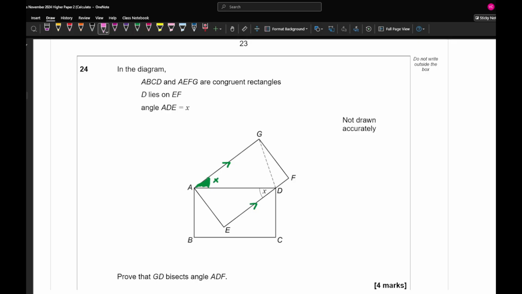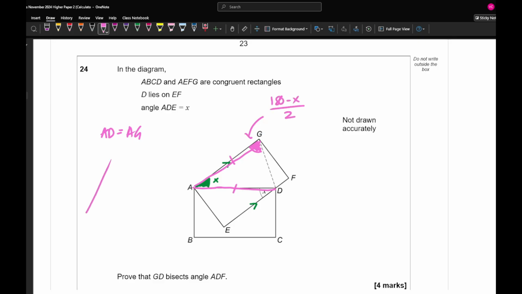Now from this, what we establish is that this line AD is going to equal AG because they're both the lengths of a rectangle, and the rectangles are congruent, so they're going to be equal, which means that the triangle AGD is an isosceles triangle. So to work out what this angle here is going to be, I need to do 180 minus x divided by 2.